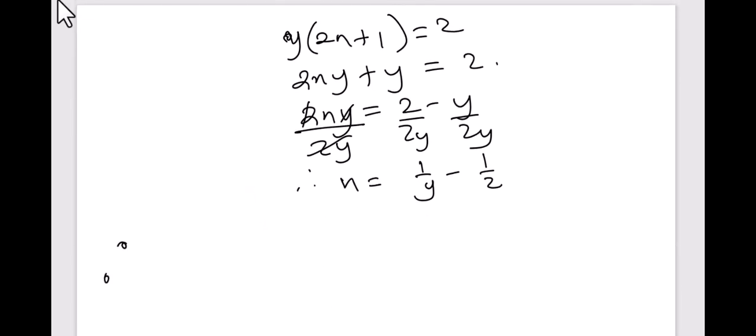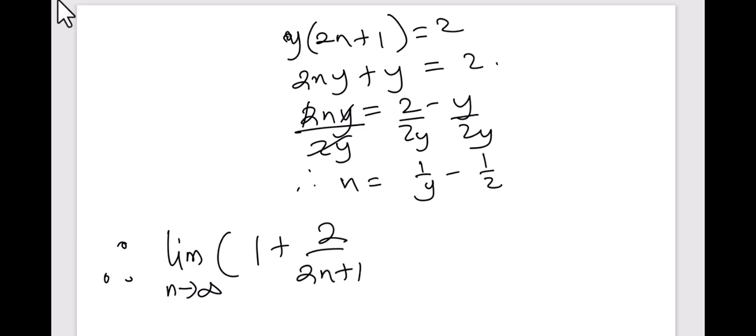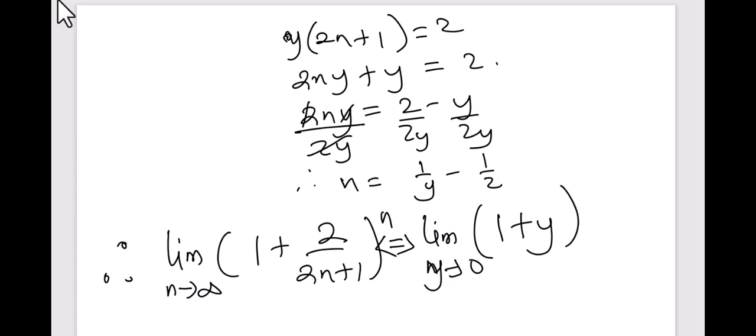Right now we have the limit as n goes to infinity of (1 + 2/(2n + 1))^n being equivalent to the limit as y goes to 0 of (1 + y)^(1/y - 1/2).